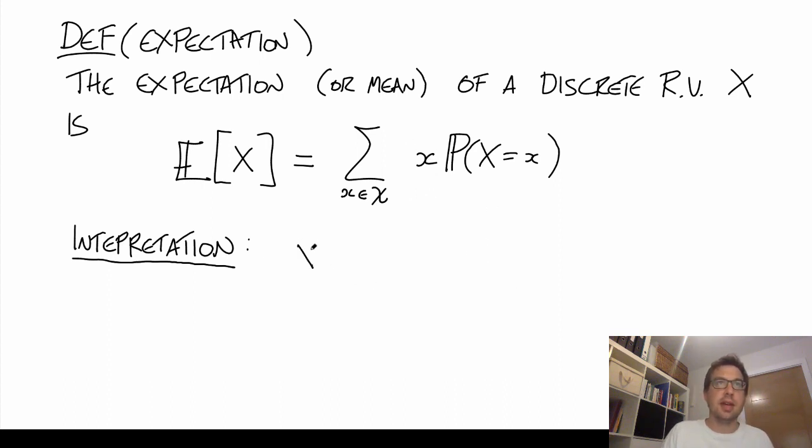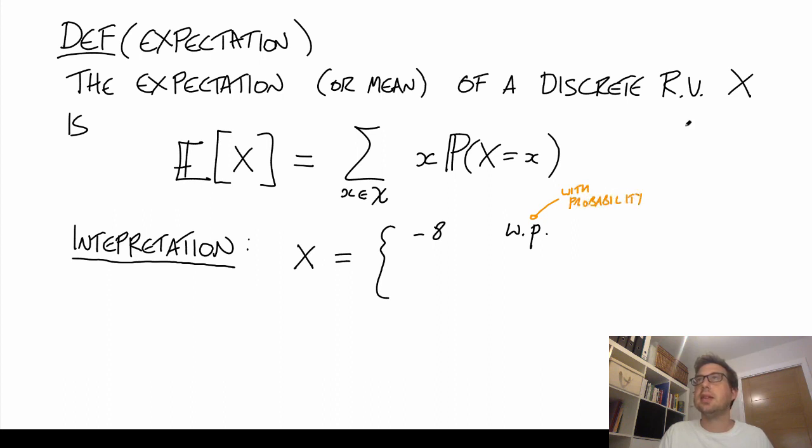So let's suppose, for example, X was a random variable equal to -8 with probability 1/2, equal to 2 with probability 1/4, and equal to 4 with probability 1/4 as well.